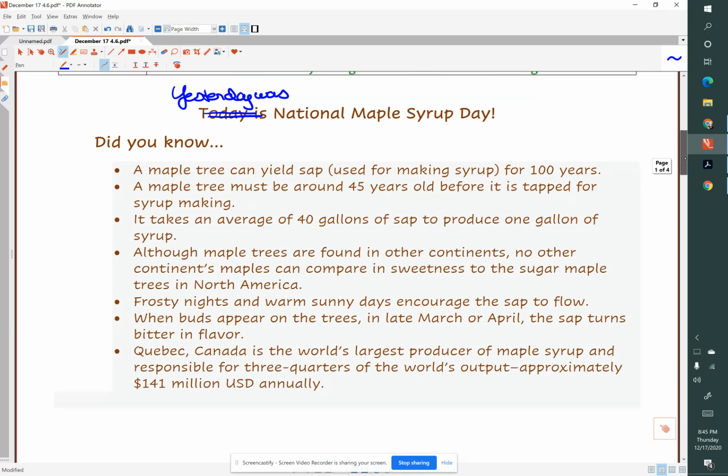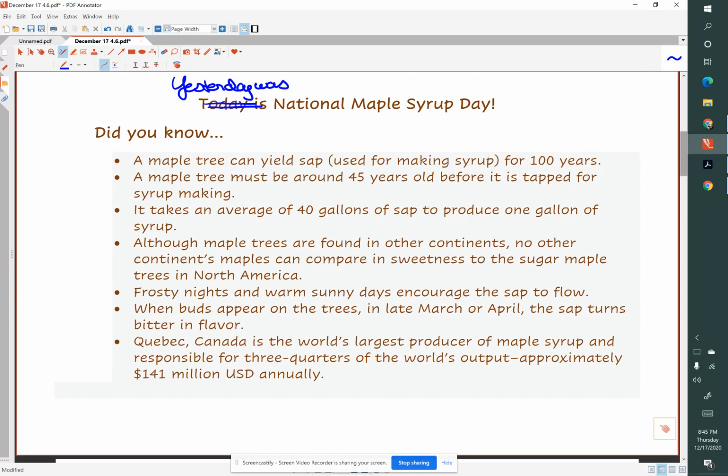Yum, yum, yum. Okay, did you know a maple tree can yield sap for 100 years? But it has to be 45 years old before we can start making the sap necessary for maple syrup. It takes an average of 40 gallons of sap to produce 1 gallon of syrup. And although maple trees are found on other continents throughout the world, none of them compare in sweetness to the sugar maple trees of North America.